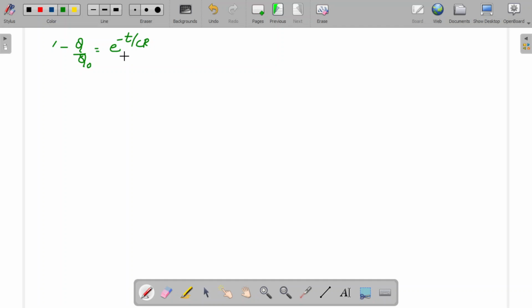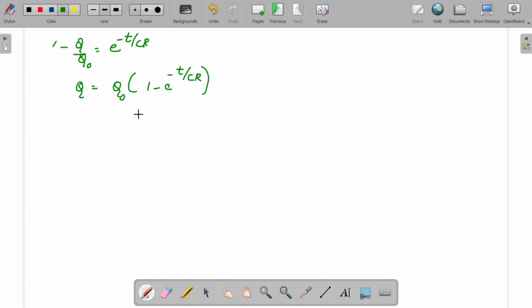You bring e raised to minus t by CR to one side and take the other thing to the other side, and after rearranging you will get Q equal to Q0 into 1 minus e raised to minus t divided by CR. Those who need further clarification must write each and every step separately, and then you finally arrive at this relation Q equal to Q0 into 1 minus e raised to minus t by CR.